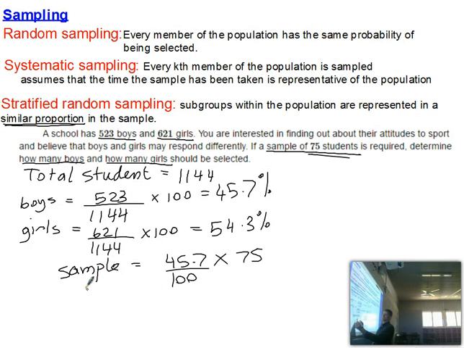So this is a sample of boys. It's about 34 students of boys. And for girls, well, it has to be what's left, up to our 75. So we're going to subtract that from 75. And how much would that be? It will be also a little bit more.